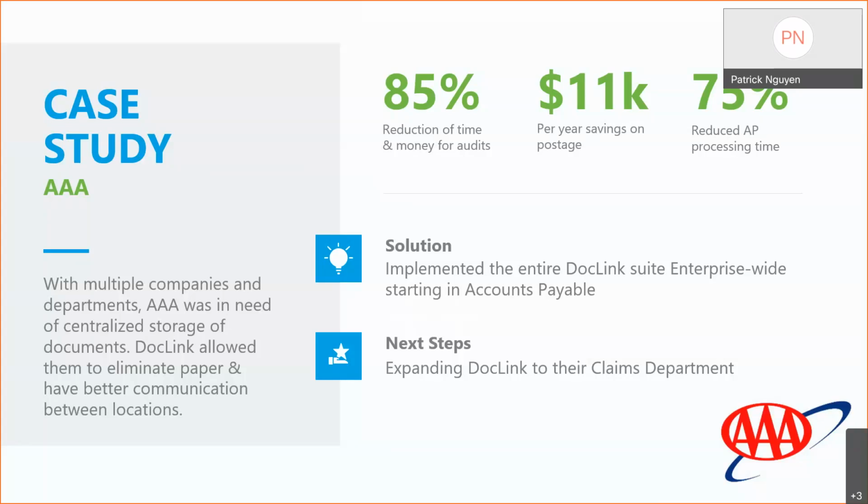Basically, time savings of reduction of audit times by 85%, postage savings, and courier costs between the different locations of mailing things to corporate, and then reducing AP processing time by 75%. So they initially implemented DocLink and are going through the whole enterprise-wide document management system to implement DocLink throughout their entire organization.